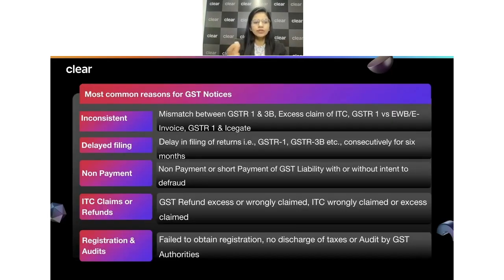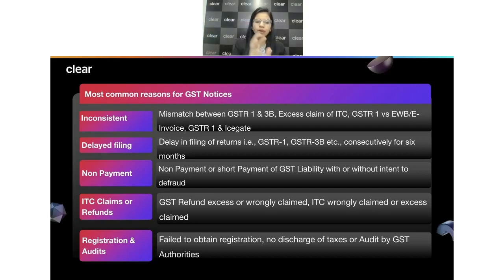One of the things is an inconsistency. We share some information with the department, and they have some information too. They use that information for their analysis, and on that basis they give us notices whenever they feel something can result in a loss of revenue for the department.